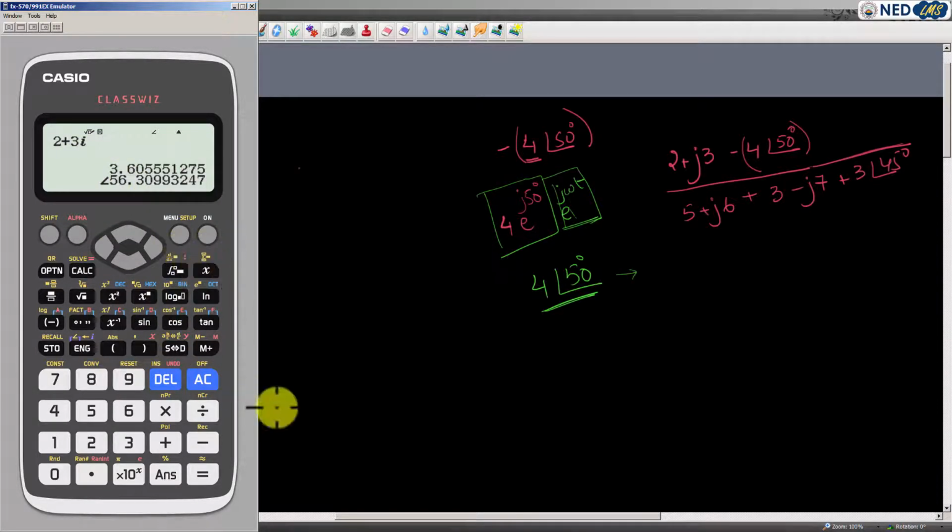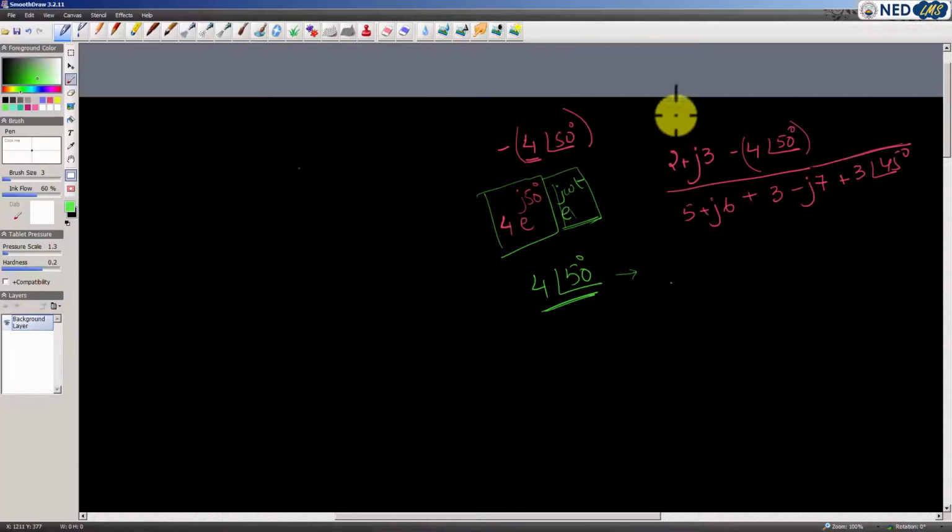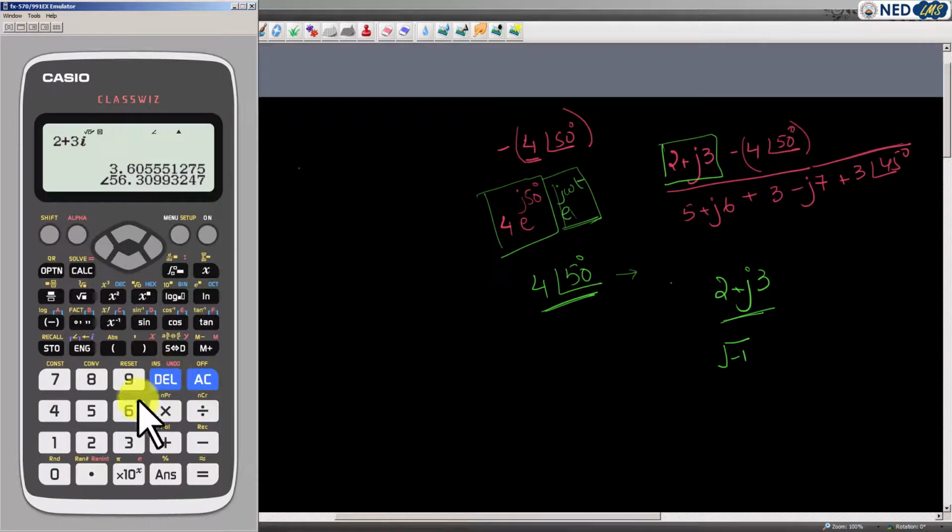Another thing we need to consider is, let's say I want to write this number 2 plus j3. j is actually iota, because the symbol for current in electrical engineering is I. Therefore we do not use I for the iota, we use j. That's customary, j means exactly i. So if I want to write 2 plus j3 in the calculator, if I write 2 plus i3, it's going to give a syntax error.